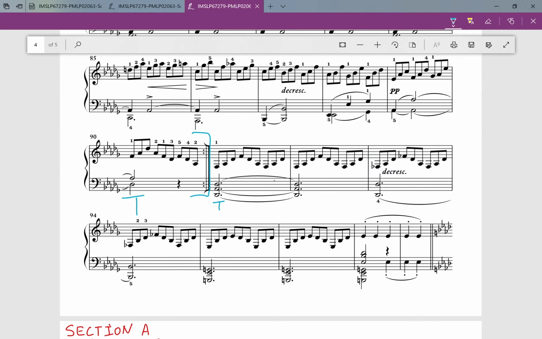And so why is this a minor tonic? Well, most likely this is a modulation. Well, this chord is a D flat major chord. Now here we have D flat minor chord.